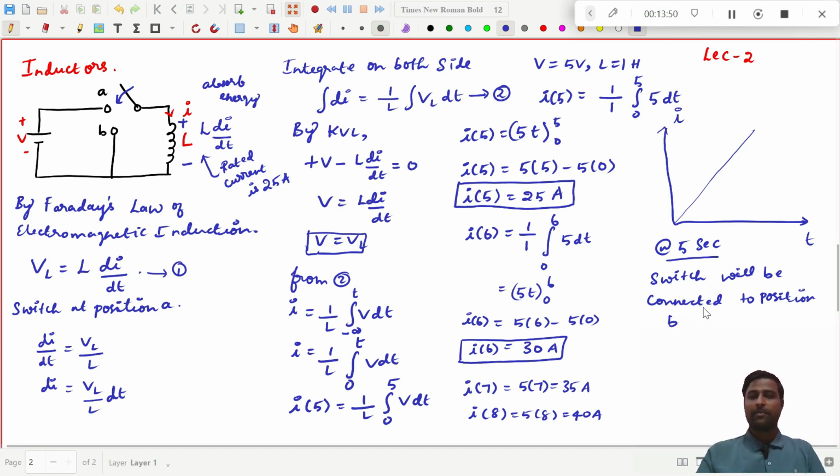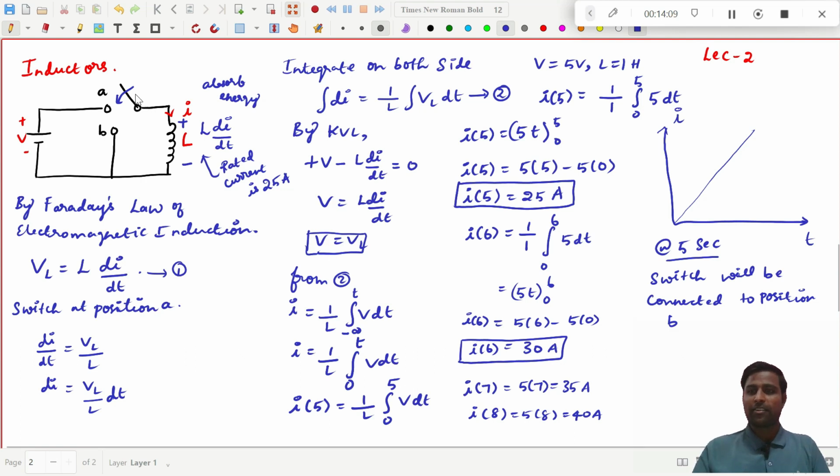If the switch is connected to position B, then we are just short circuiting the inductor.